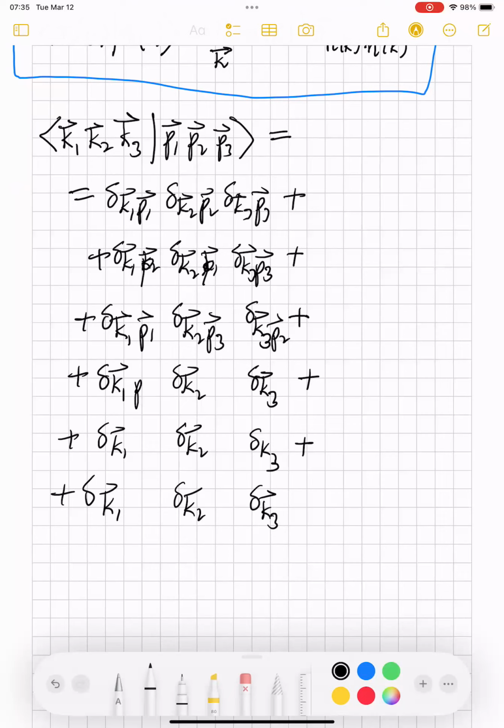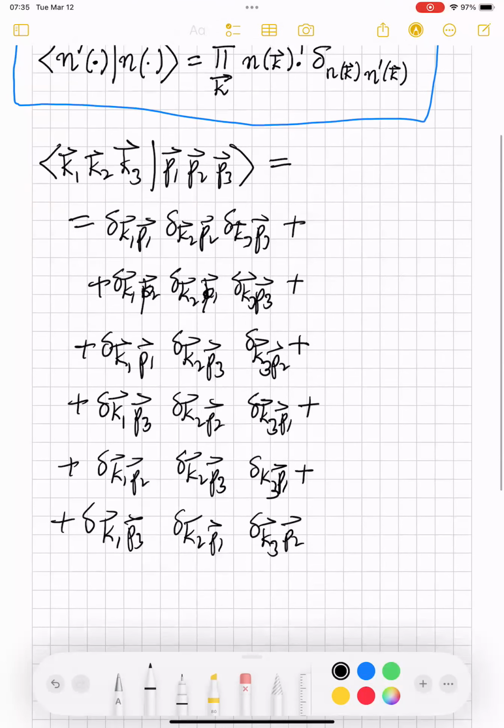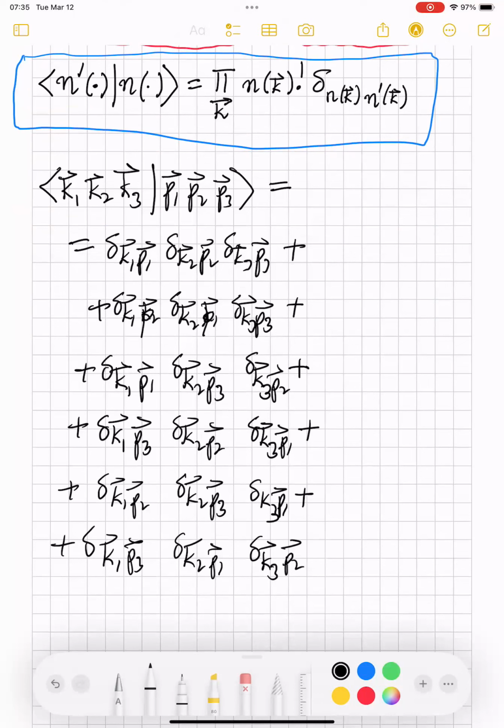For the next one, let's swap 3 and 1. Now, we've got some funny swap of all of them. And again, some funny swap. So those are the 6 terms. That's what our old inner product would have been.